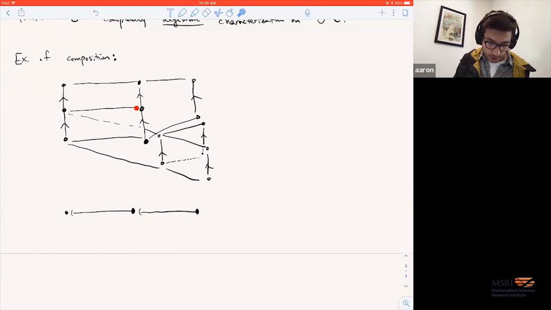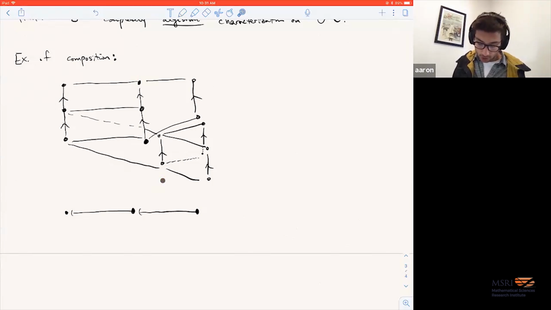This dot persists, but also the lower interval splits apart and has another piece coming out right here. And then in the second morphism, up here we see that this dot disappears. Meanwhile, this interval splits apart into two intervals.